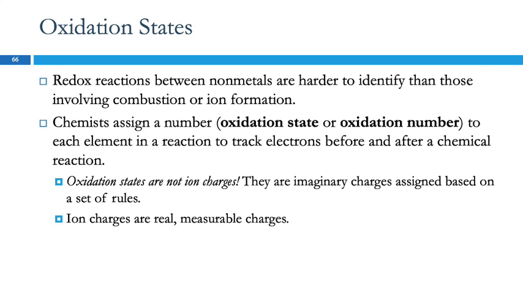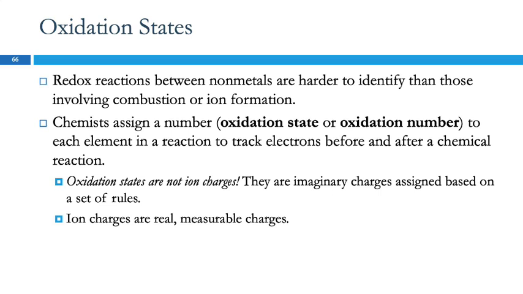So redox reactions between two nonmetals are more difficult to identify. When we look at combustion or reactions where ions are formed, we can see, yes, that's gained oxygen, that has become ions, we can identify what's going on.